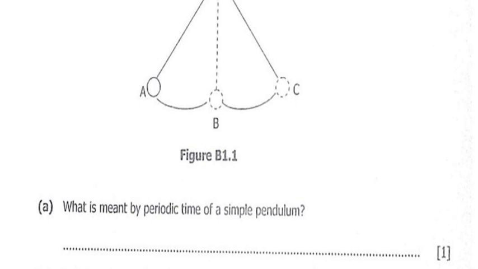Alright, so periodic time of a simple pendulum is the time taken for a pendulum bob to complete one oscillation. So that is what is meant by periodic time of a simple pendulum.